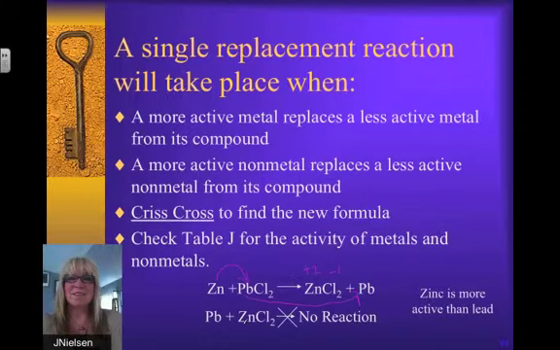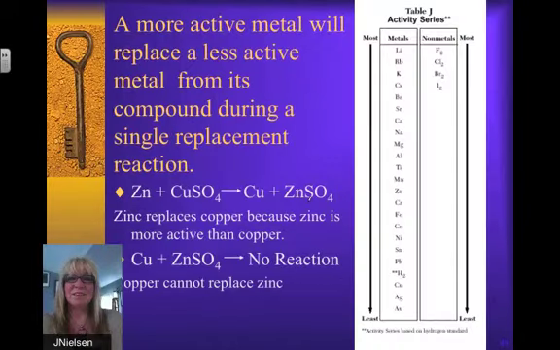Now, if Pb, we're trying to push in on ZnCl2, there's no reaction because Pb is lower than Zn in table J. Here you can see that Zn pushes Cu out. Here is Zn, and it's above Cu.